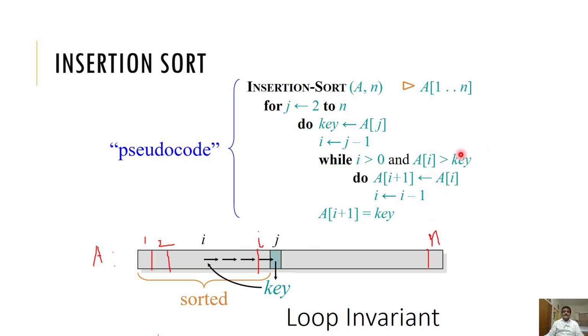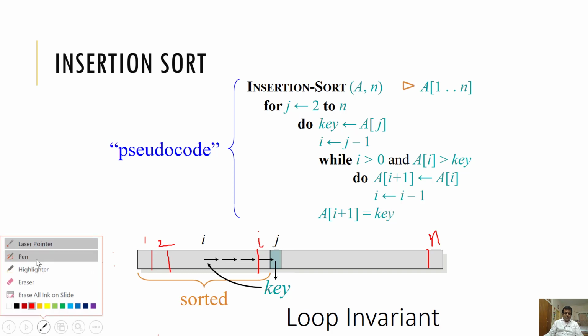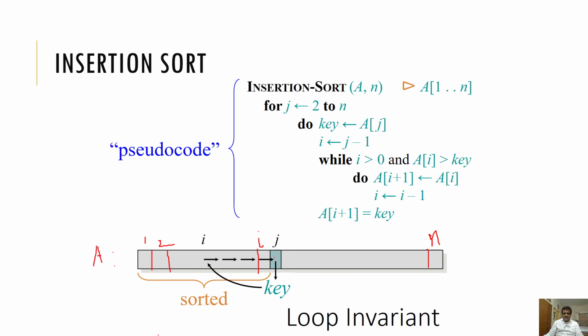But if the key is still less than ai, this is the new i now. We compare these two now.